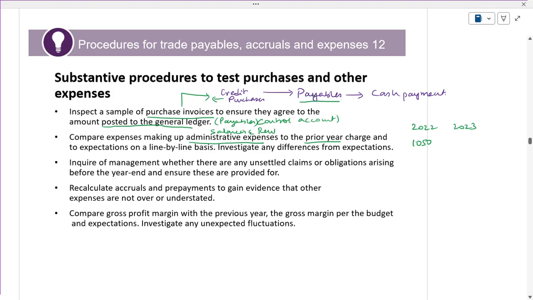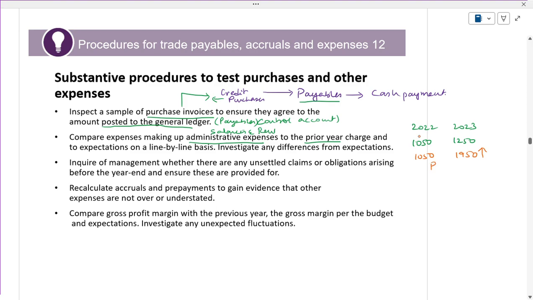In 2023 maybe you will pay marginally more. Then fine, you can have an understanding. But in 2022 you paid 1050, and now in 2023, assume you are paying 1950. You will ask, what is the reason for the increase?